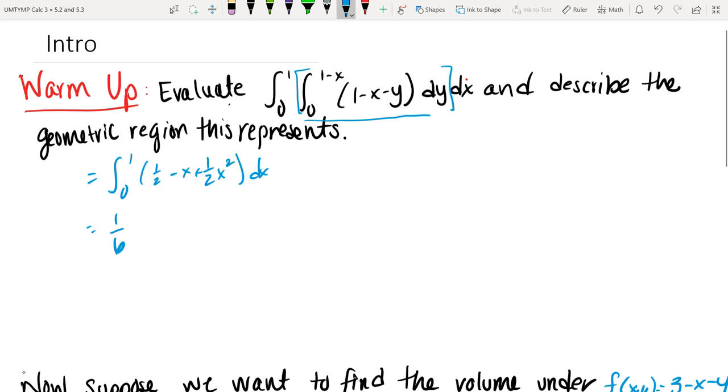All right, and then it said describe this region. Certainly this is a function z in the xy plane. So if I draw something like that, we have x, y, and z. If we rearrange this, it's really just saying x plus y plus z is equal to 1, and so it ends up being a sheet when we look at it.